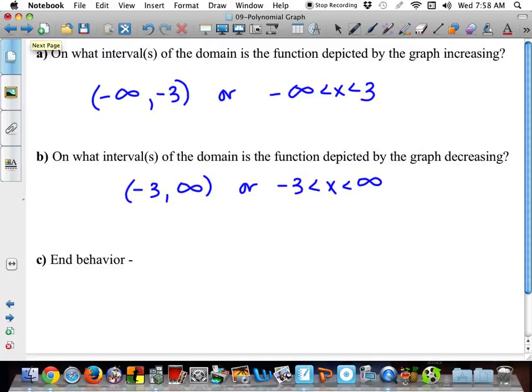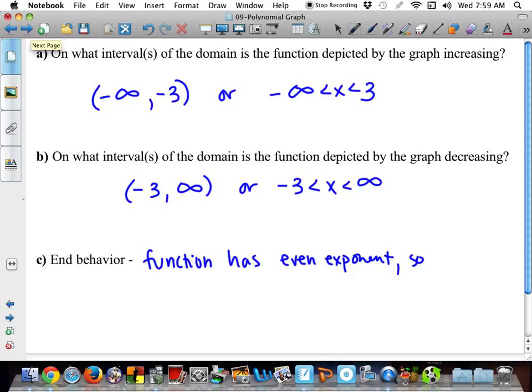The last thing that I want to talk to you guys about is end behavior. For the end behavior, I want you to notice that this function has an even exponent. So the arrows end the same.